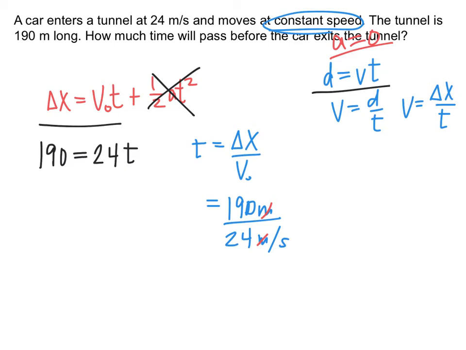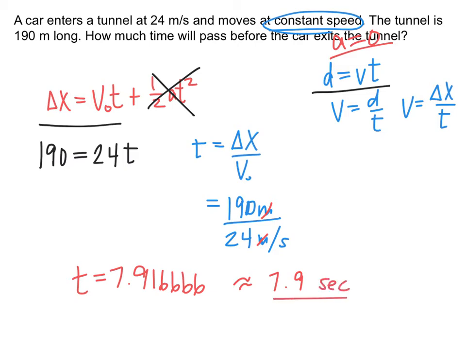Now the answer here comes out to be a kind of crazy decimal on my calculator. I'm going to write it out here, but I don't want you writing out that many digits on your paper. What would be a good place to round here would be actually about 7.9 based on the information given in the problem.